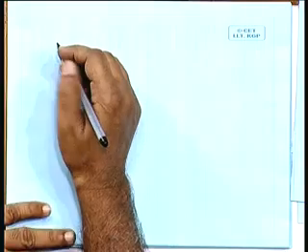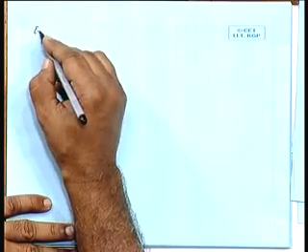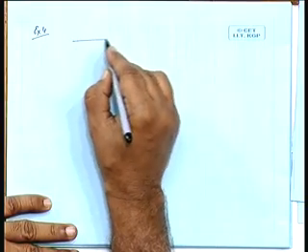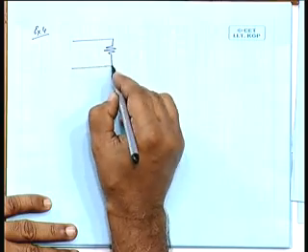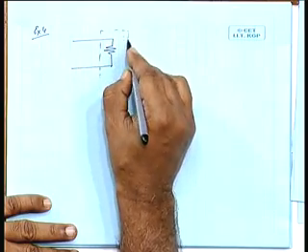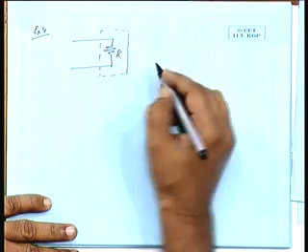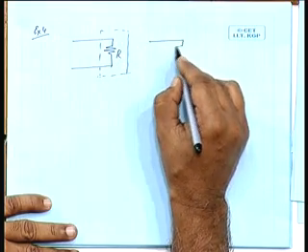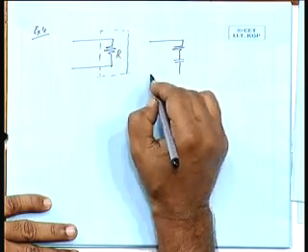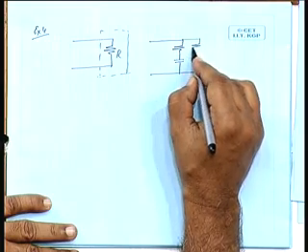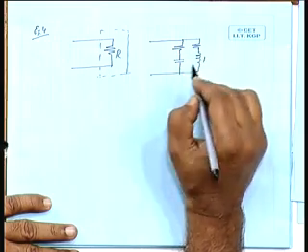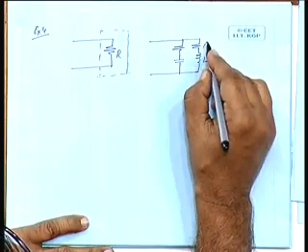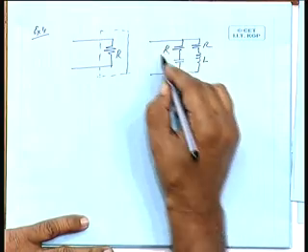Let us take an interesting problem. There are two black boxes. This is L Henry, R resistance, C farads.